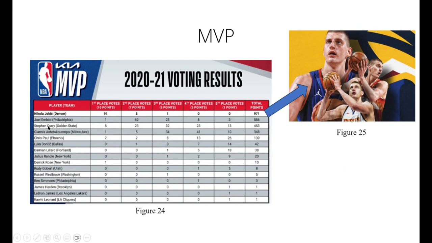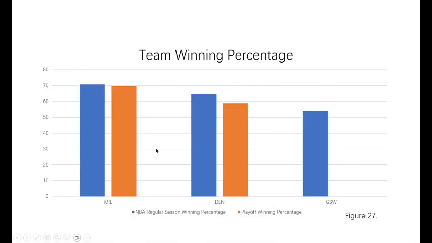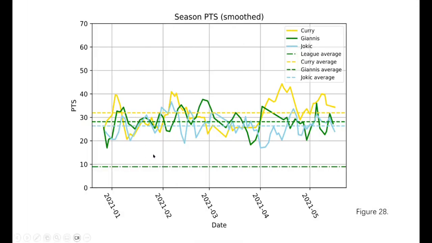For example, Stephen Curry is here and Giannis is here. Moreover, Giannis and Curry have won MVP multiple times. Considering the season's win rate, Giannis boasts the highest win rate in both regular and postseason games. And from the scoring of all the games in this season, all three have their ups and downs.